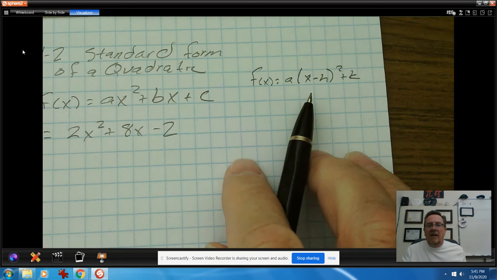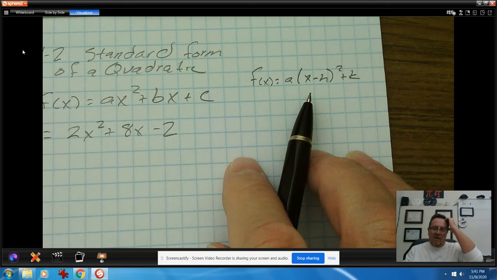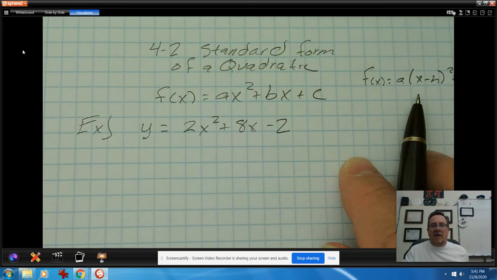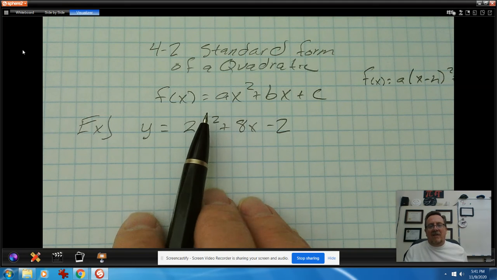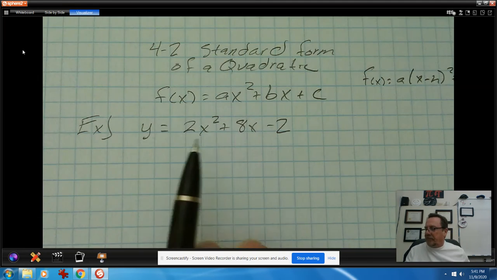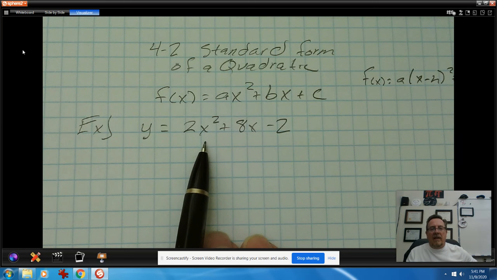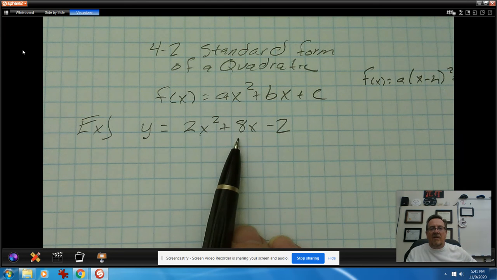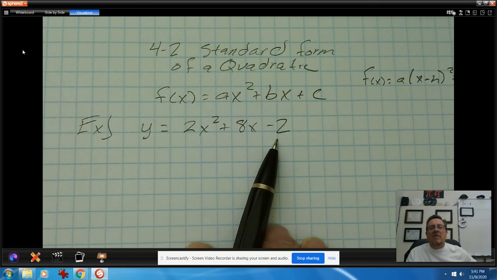This would be considered vertex form. We'll get into that later, even though you already know how to use it. But we're going to talk about quadratics that are in what's called standard form, and they look like this. So for example, here's a quadratic in standard form. Notice that a is 2, b is 8, and c is -2.